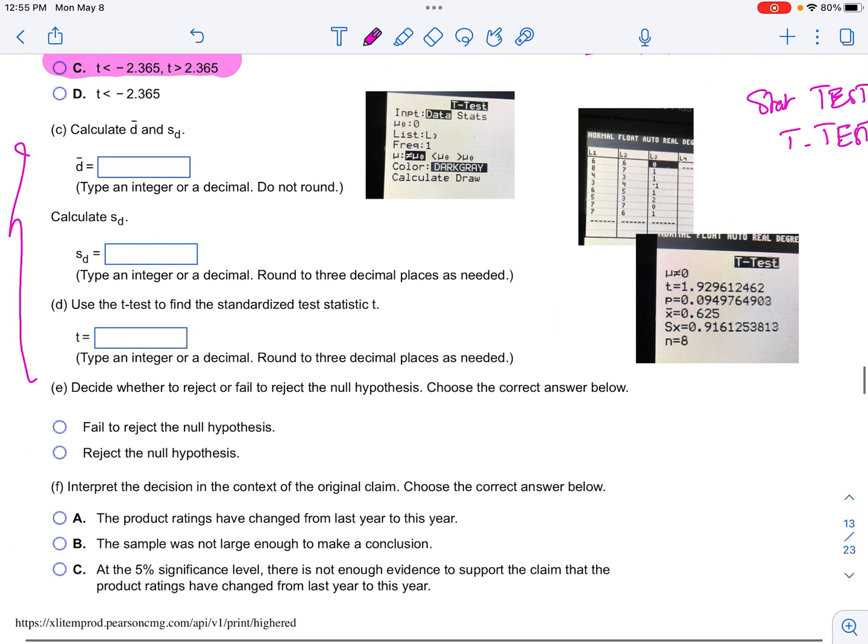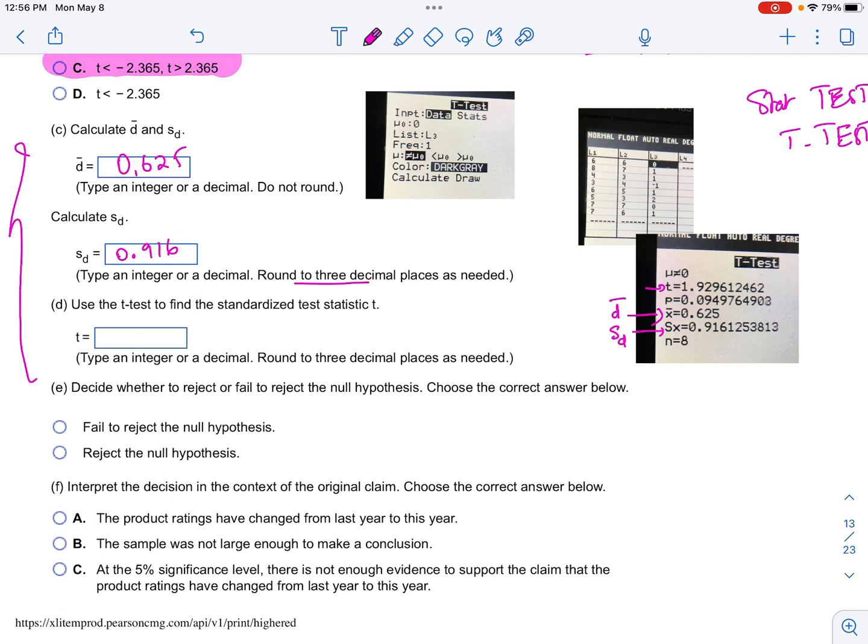Now we can talk. Now we know what D bar is, which is your X bar here, and that's 0.625. S of X, this is your SD, rounded to 3, 0.916.